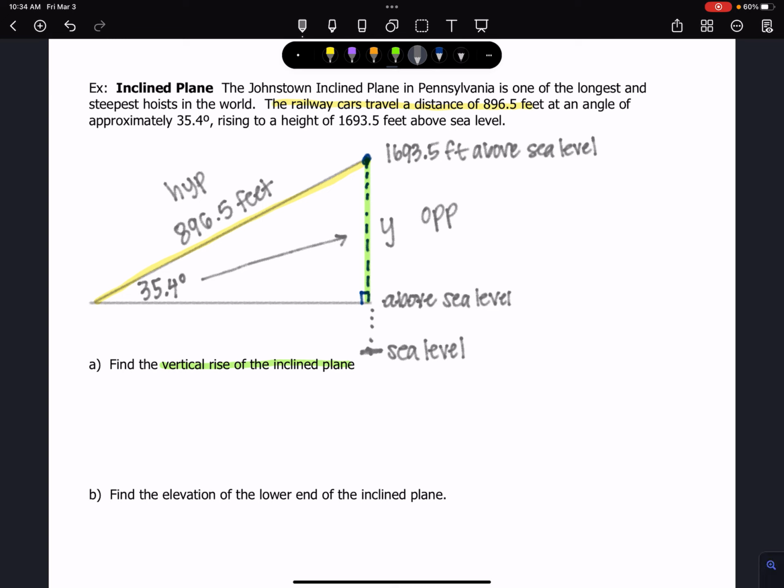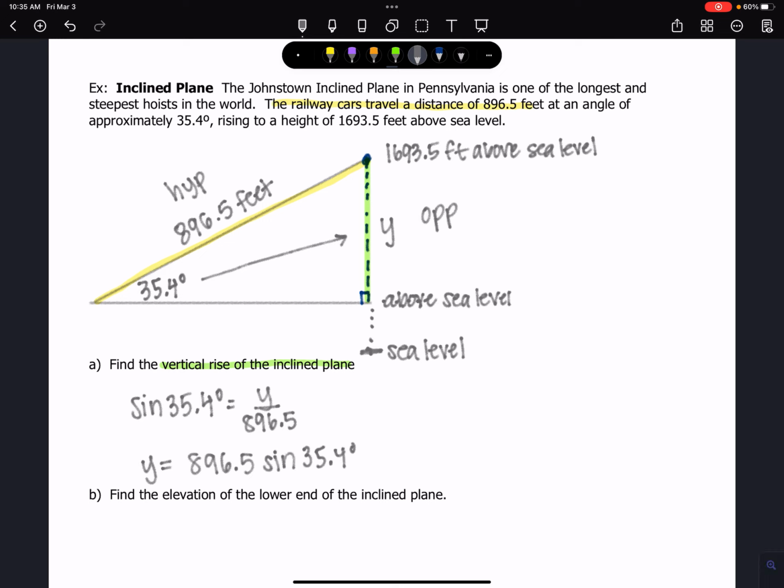Opposite over hypotenuse would be sine. So the sine of 35.4 degrees is equal to y over 896.5. I'm going to multiply both sides by 896.5. No, not tangent, sine.